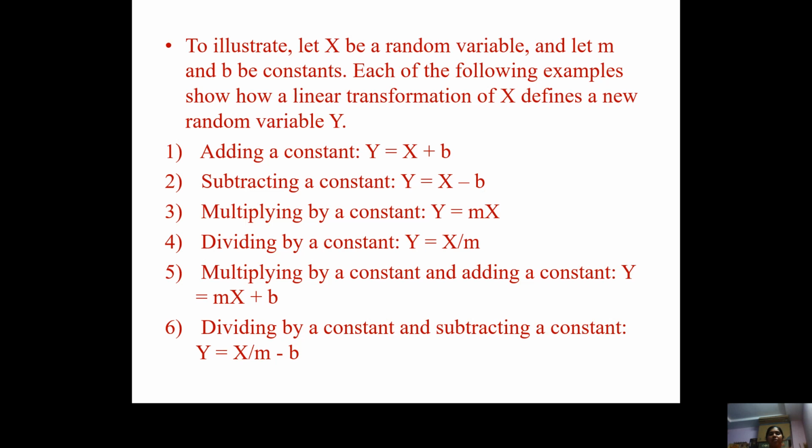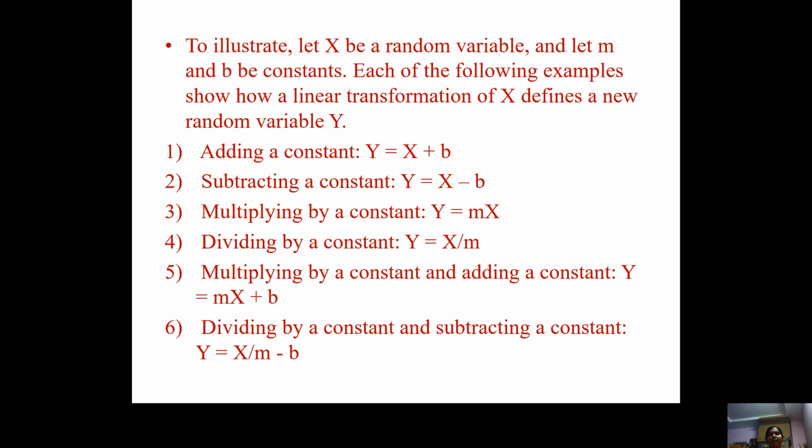Subtracting a constant: Y equals X minus b. Multiplying by a constant: m is the constant, and we multiply X by m, so we get Y equal to mX. Dividing by a constant: Y equals X by m.